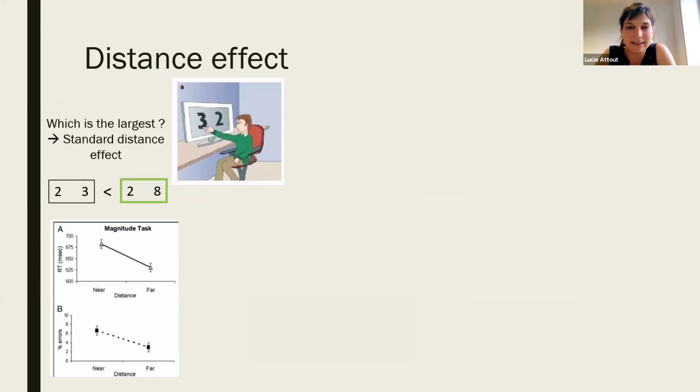The numerical order processes lead to a well-known effect, the distance effect. For example, to judge which is the largest among two numbers, we are faster and make fewer errors when the two numbers come from further distances rather than close. So this is what we call the standard distance effect.